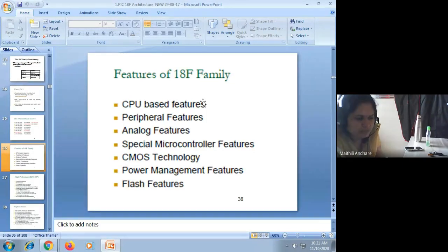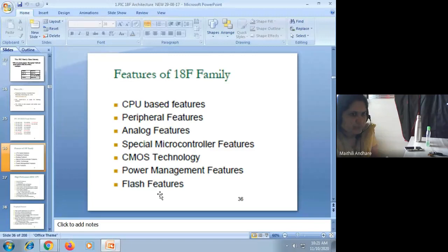But in 8051 we studied only 6 to 7 main features: the size, the address lines, data lines, the memory, then interrupt, then timer, UART. That's it. And which particular logic family the IC belongs to. Those are the features of 8051 we studied. But in the PIC microcontroller, the category is given. Under CPU based features, some features are available. Under the peripheral features, some features are available. So such 7 categories are available.